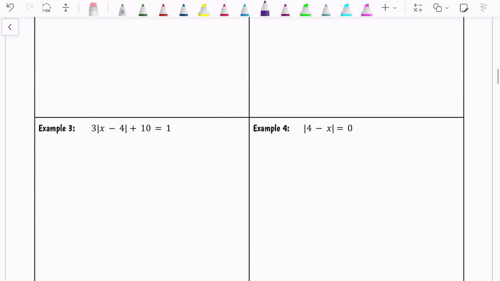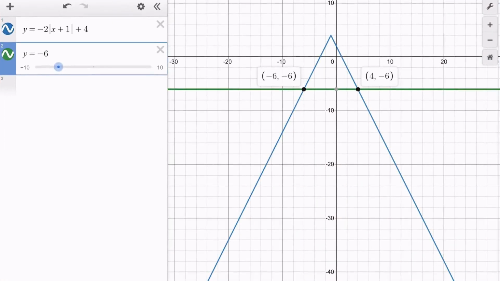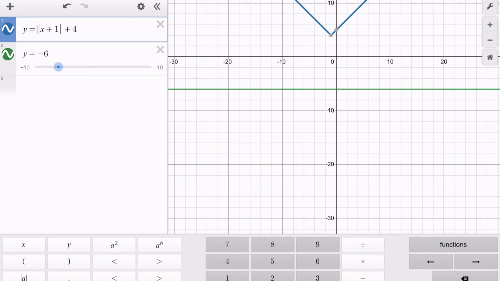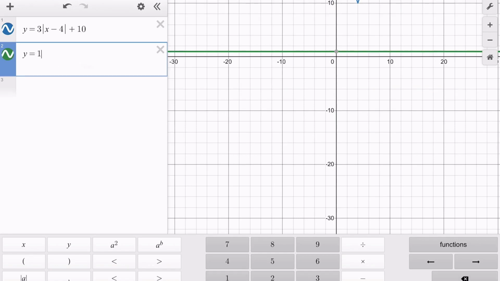All right, here's another example. This time we have a 3x minus 4 plus 10. I'm just going to edit it. X minus 4 plus 10. I think it was equal to 1, but I'll go back and check.